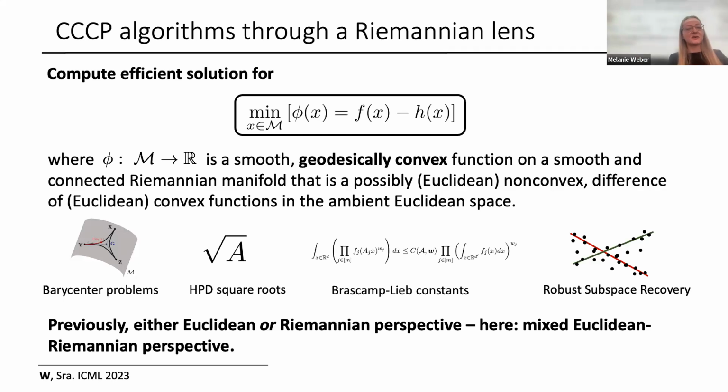We analyze a Euclidean algorithm that from a computational perspective is usually cheaper than a Riemannian algorithm if they're overall comparable, since the computation of the Riemannian gradient and the exponential map and so forth introduces some computational overhead. But then for the analysis, we exploit the geometric structure.